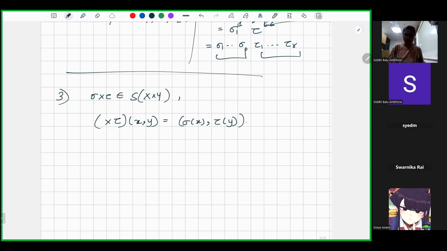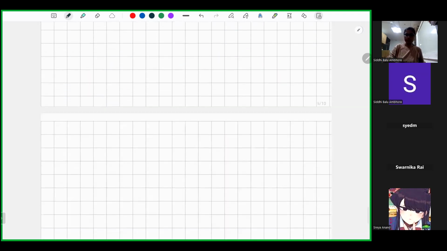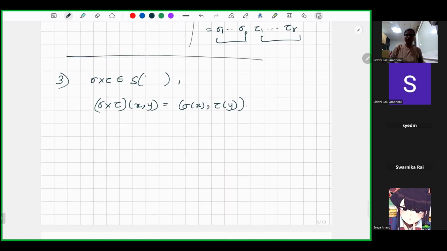This is what is given to us. Okay. So the elements of X cross Y are again, if X has cardinality m and Y has n, this is a permutation on these m into n, mn elements.